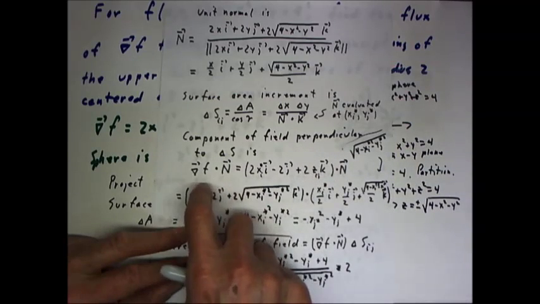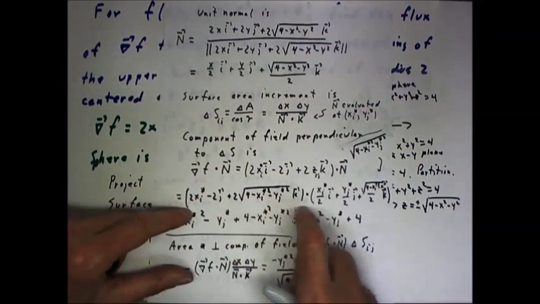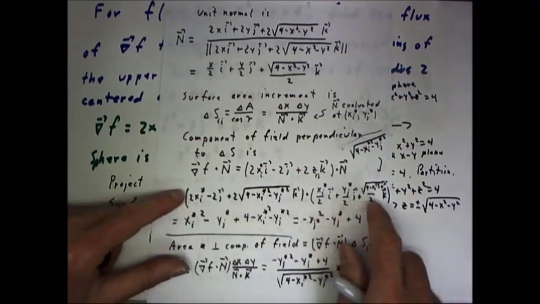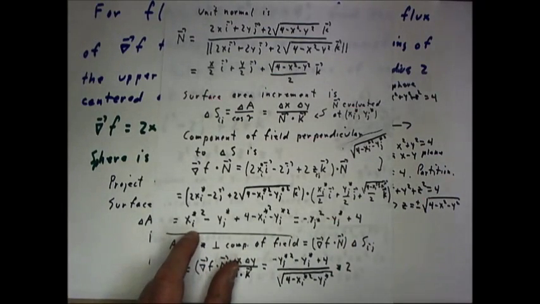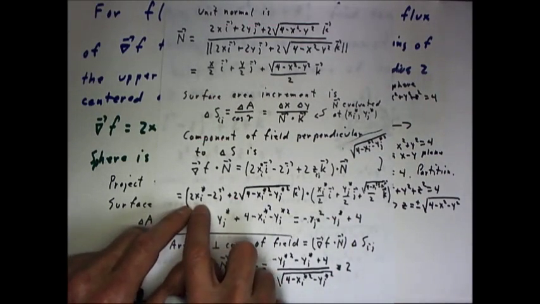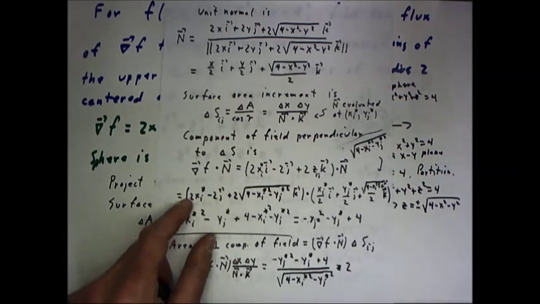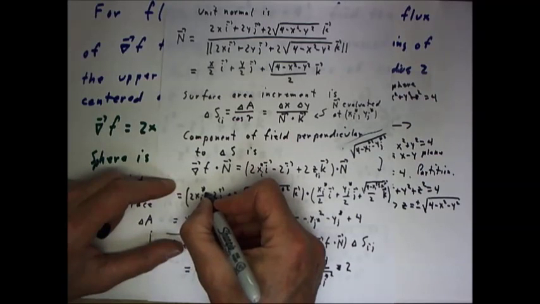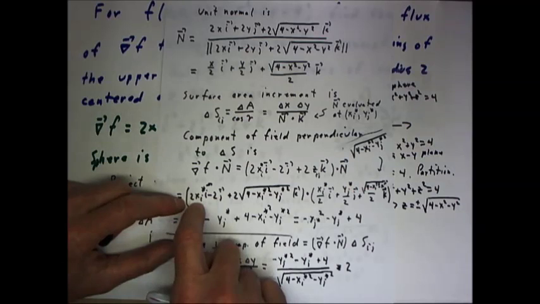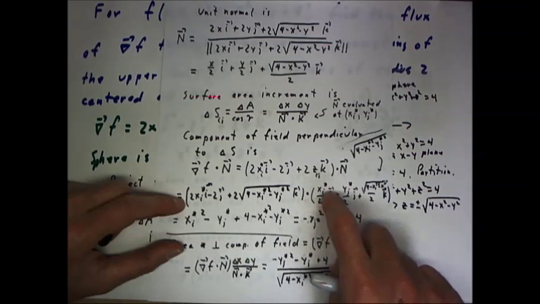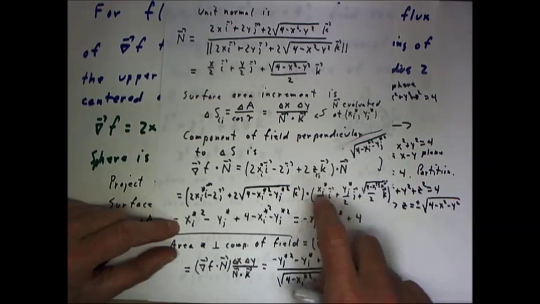In other words, just substituting xi, yj into the expressions for del f and n, we take the dot product, and you can verify this is what we get. 2 xi star i, I left the i vector off of that, will be dotted with the xi star over 2 i to give us xi star squared.